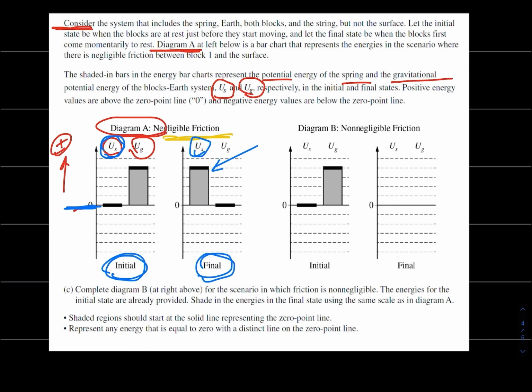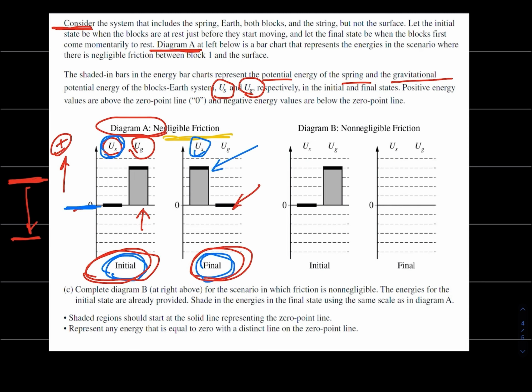That's why we decided to use an energy equation to solve our problem. Initially, the gravitational potential energy was there because the mass was up here and it held some gravitational potential energy, but during the movement it dropped, losing its gravitational potential energy, and in the final position, the gravitational potential energy went away.